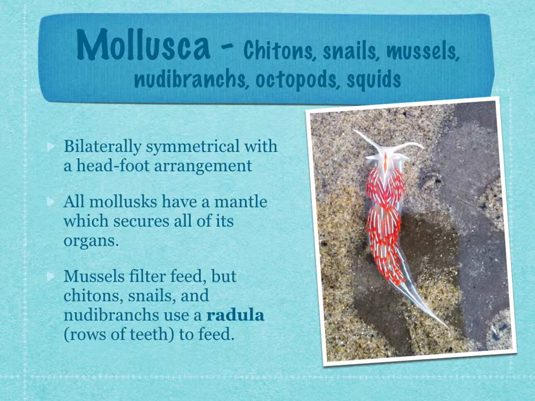Mollusks have a head-foot arrangement. All mollusks also have a mantle which secures its organs. They have varying feeding mechanisms. Mussels are filter feeders, but chitons, snails, and nudibranchs all use a radula, which is rows of teeth, to feed.